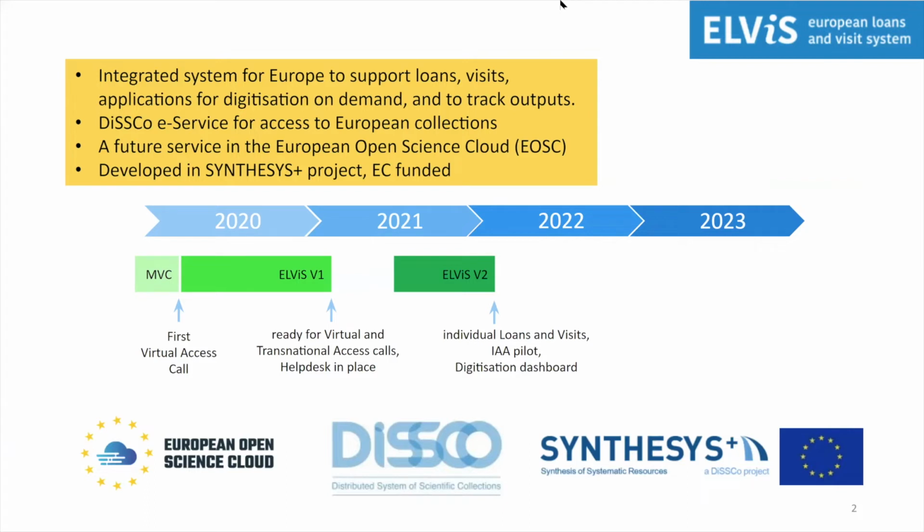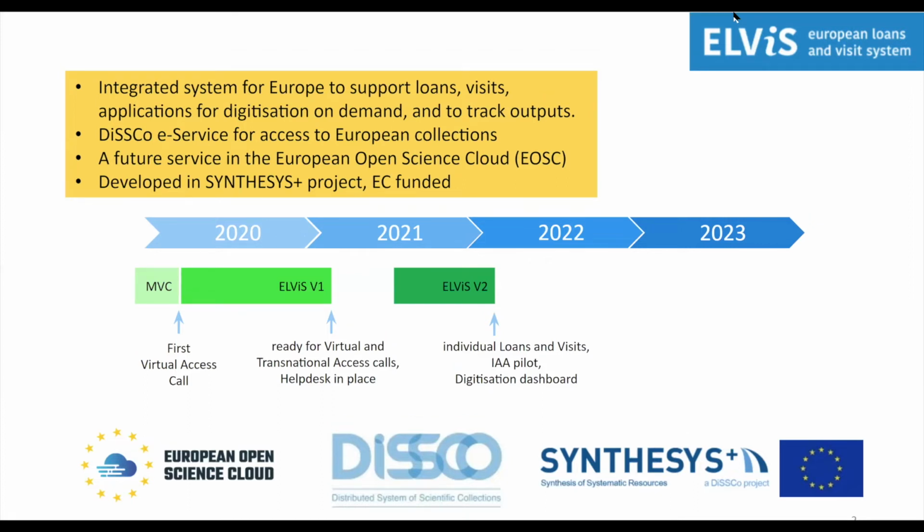It will be an integrated system for giving access to the collections in Europe, and will support loans, visits, and applications for digitization on demand, and will track the outputs of these applications. So it is an open system that will provide free access for everybody in the world to the collections in Europe in a unified way.